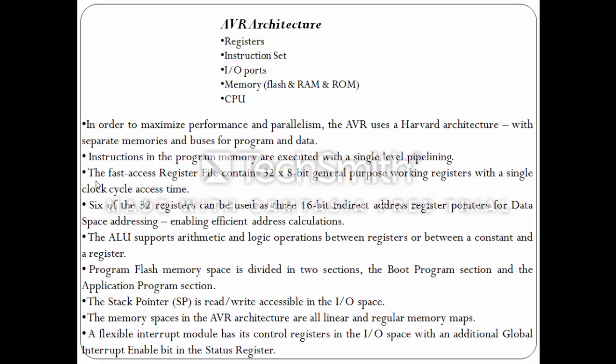The fast-access register file contains 32 x 8-bit general purpose working registers with a single clock cycle access time. The ALU supports arithmetic and logical operations between registers, or between a constant and a register. The ALU operations are divided into three categories: arithmetic, logical, and bit functions.